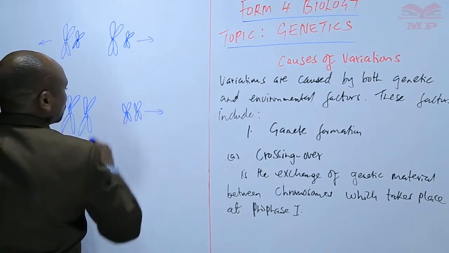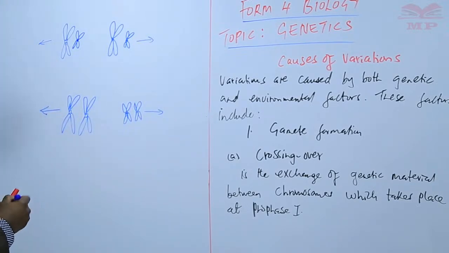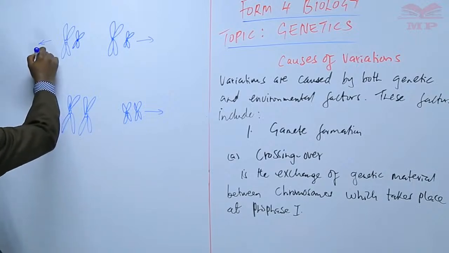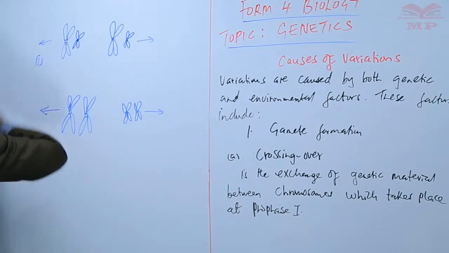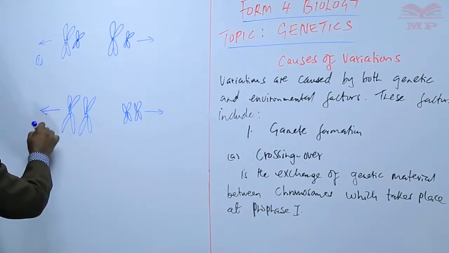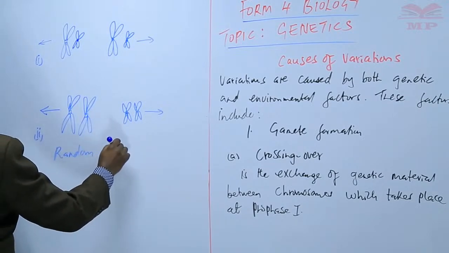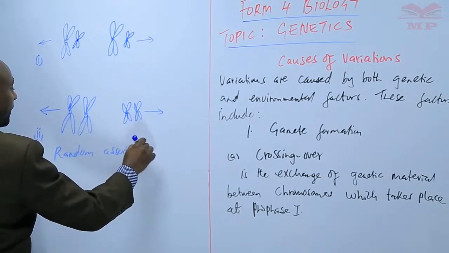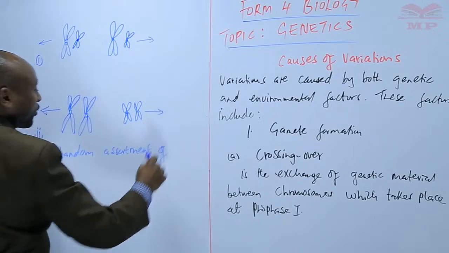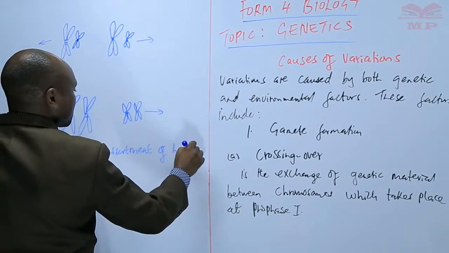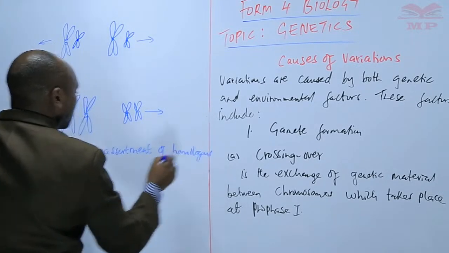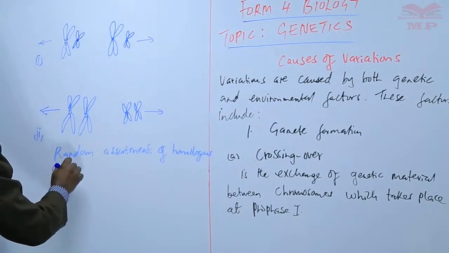And these ones can go to a particular daughter cell. So this shows the first situation and the second situation. So this shows a random assortment of homologous chromosomes.